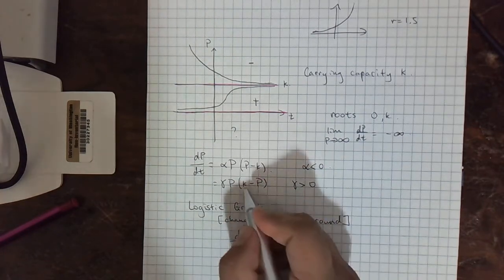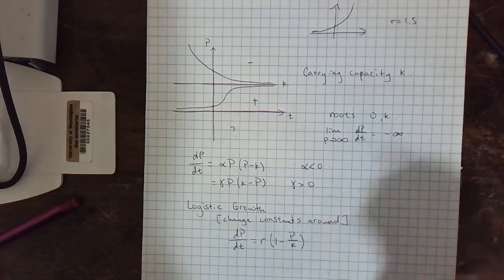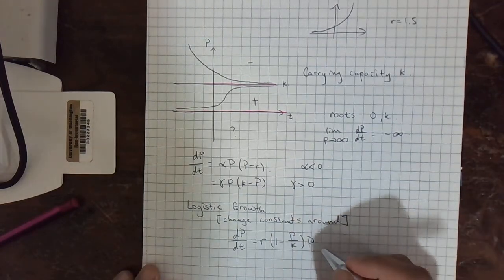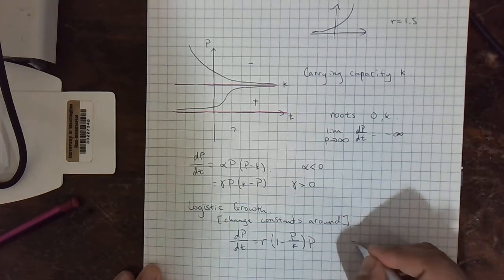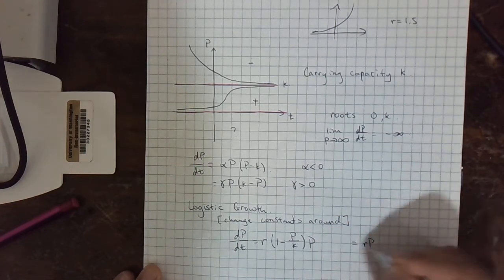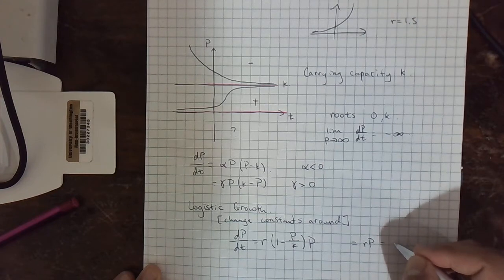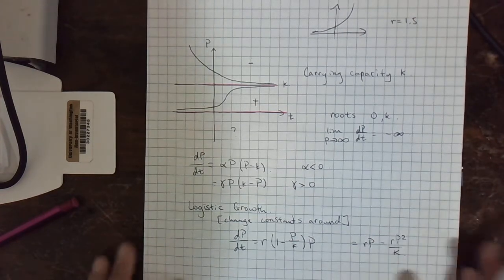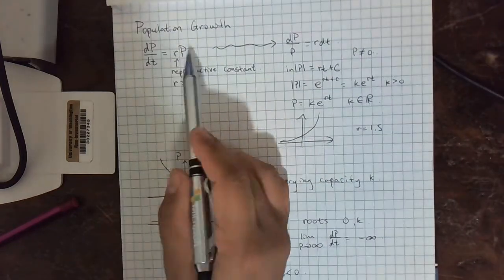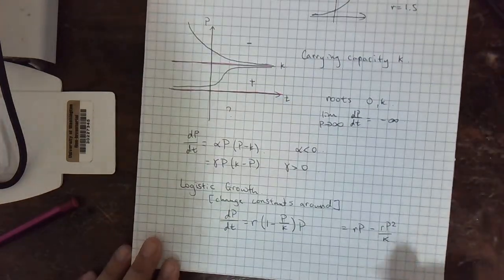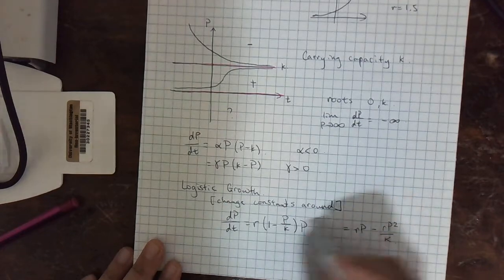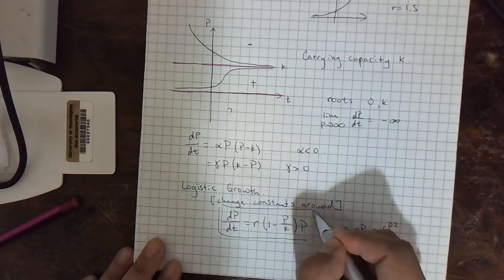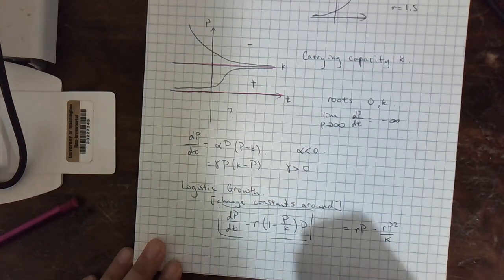So we're going to subsume the k into the gamma and write r instead, times p. And what this does is if you expand it, we don't really care about this, but there's an rp term minus, this is now rp squared over k. But that looks a little bit more like our original population growth. So that's what this formulation does. So that's the general equation for logistic growth.